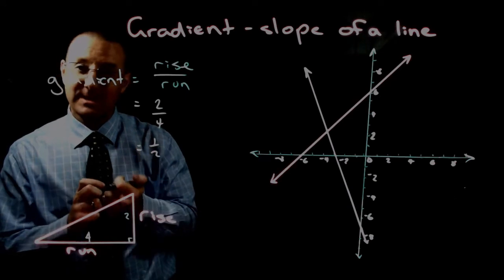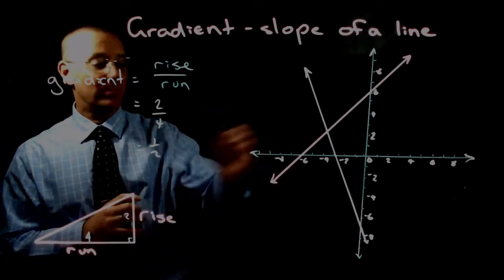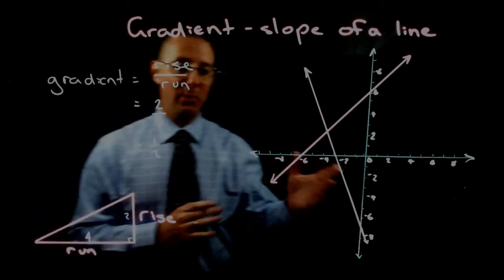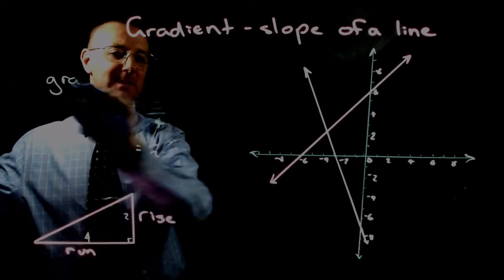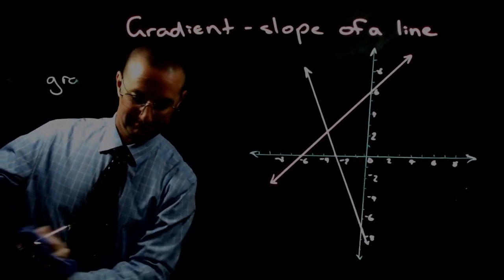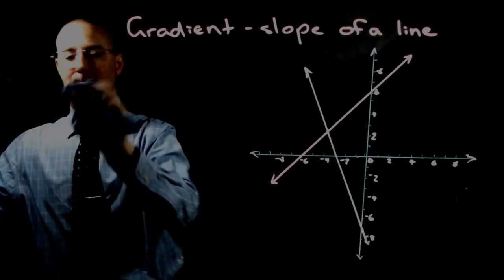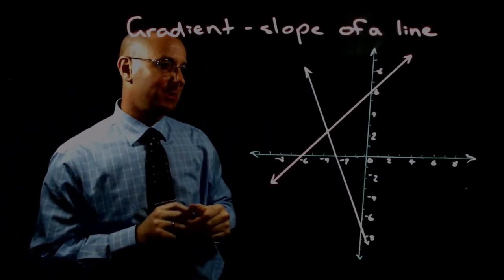Now we can apply these calculations to our Cartesian plane. So over here we've got 2 lines on our Cartesian plane. Let's get rid of our little drawing over here. Alright, so our 2 lines on our Cartesian plane.